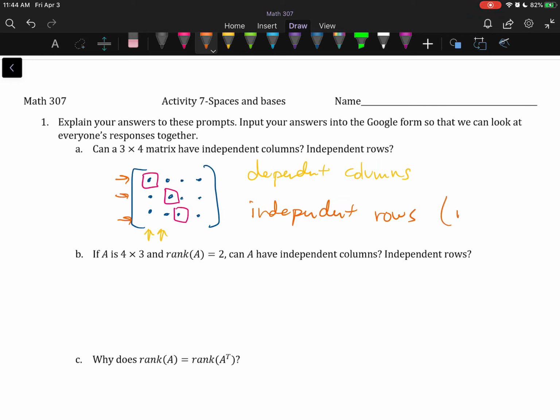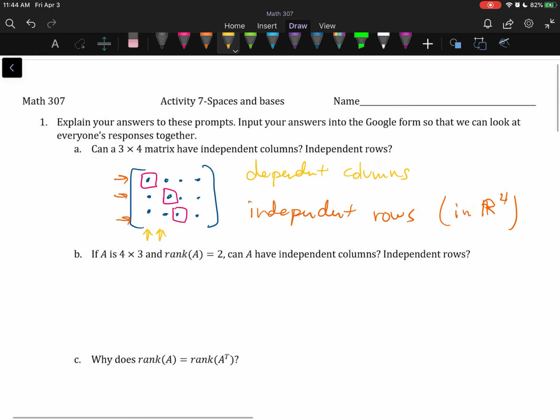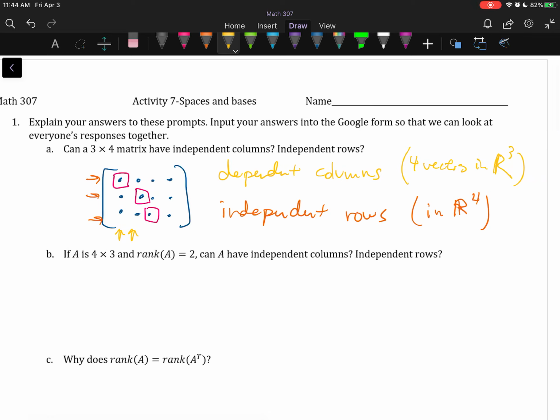So this is in R4. Whoops, that's not a very good exponent. In R4. And these are 4 vectors in R3. All right, that's 1A.